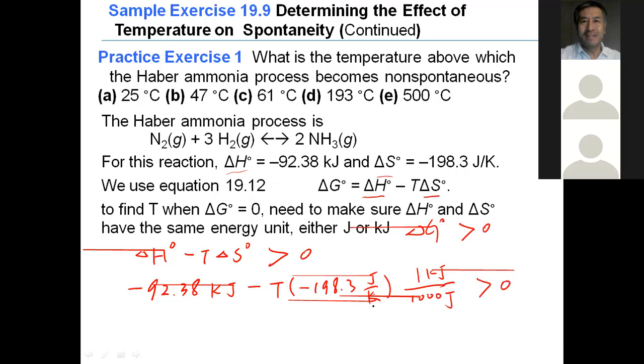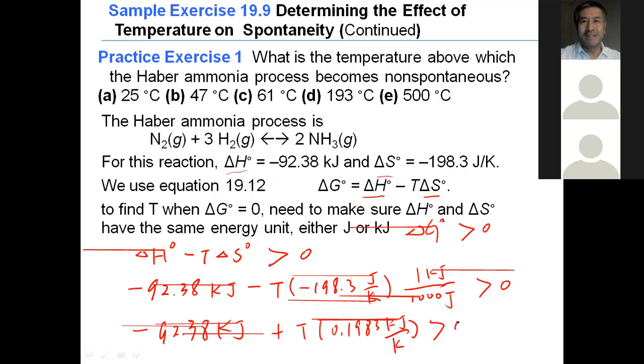So we still write negative 92.38 kJ, and then this becomes positive T times 0.1983 kJ per K, larger than 0.